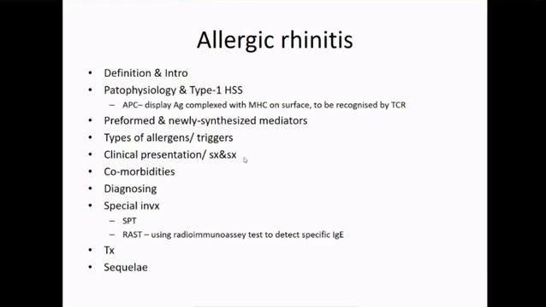Actually, this allergic rhinitis, if you know about asthma, it is more or less the same. Because asthma also is mediated by hypersensitivity type 1, and also there are mediators, and they share the same triggers, aeroallergens.